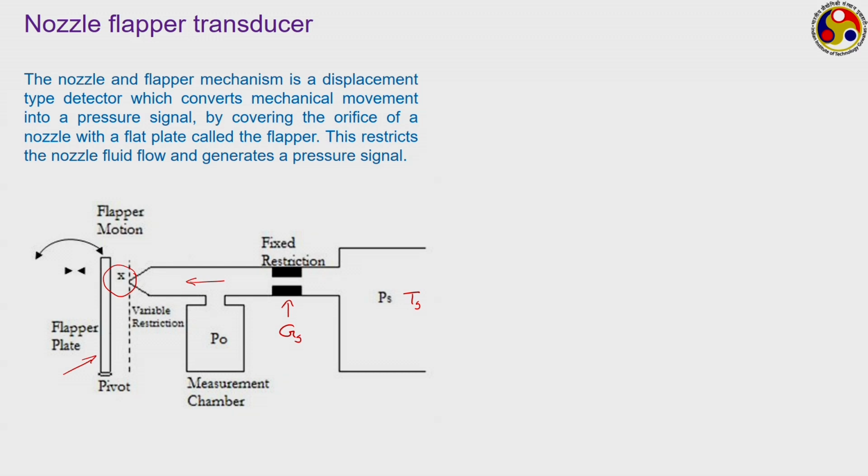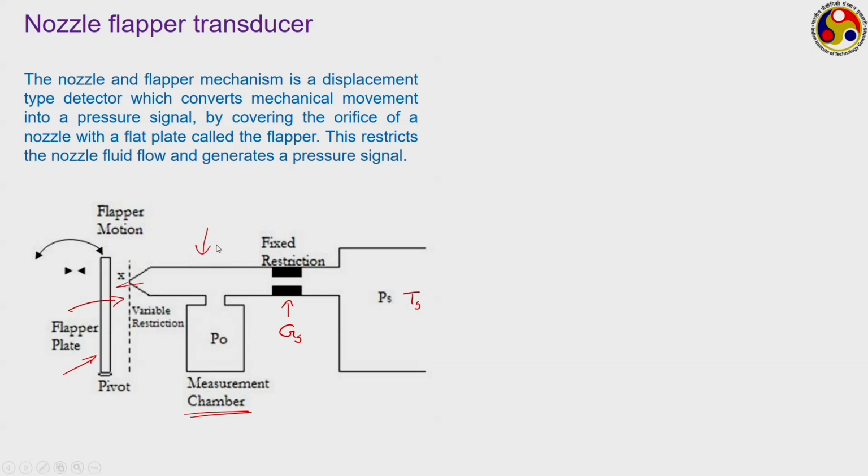Now, as the opening changes, then the corresponding amount of mass of the gas that can go out through this restriction also keeps on changing. So, the quantity of mass that can get stored in the measurement chamber also changes, thereby causing a change in the value of P naught. Suppose the flapper plate is moving in the inward direction, then the total amount of mass that can come out through this will keep on going down.